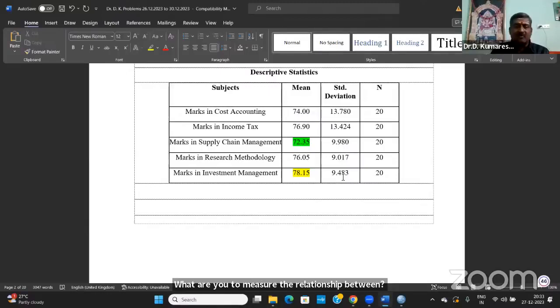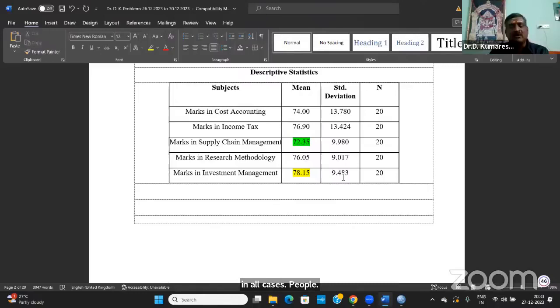That is one similarity. Another one, the data are scale data. In the case of correlation, all the data are scale data. In the case of regression, the dependent variable is scale data. And another similarity, numbers should be equal. In all the cases, numbers are equal. What are the dissimilarities?